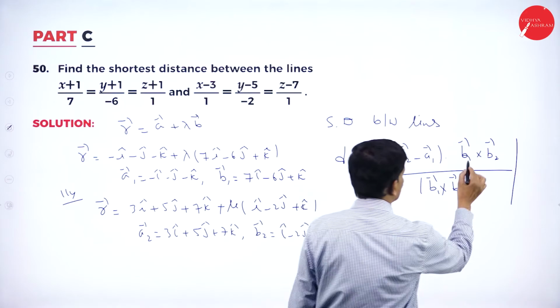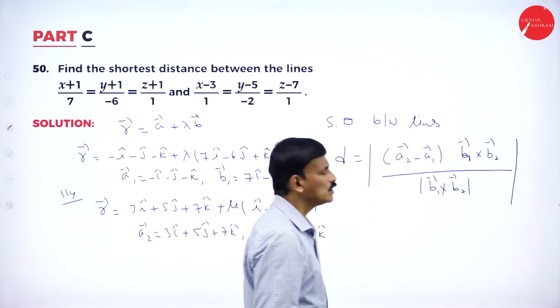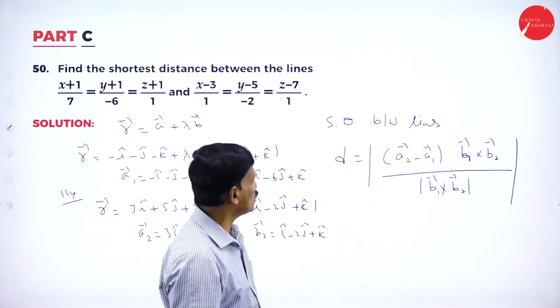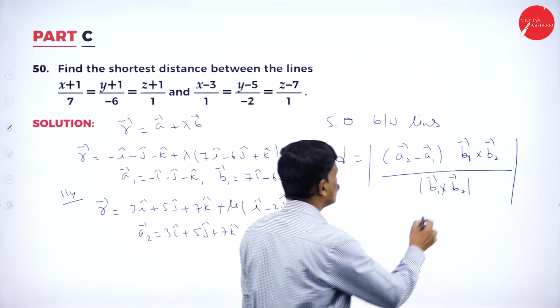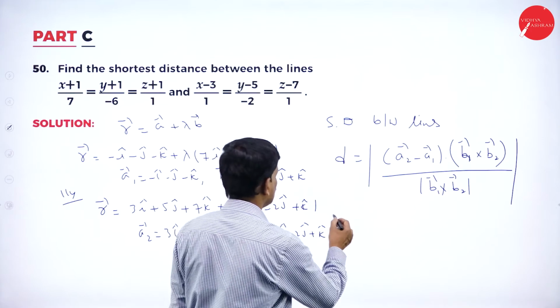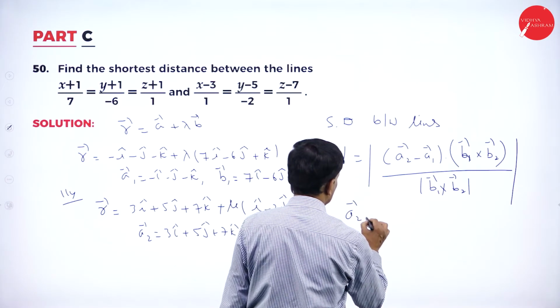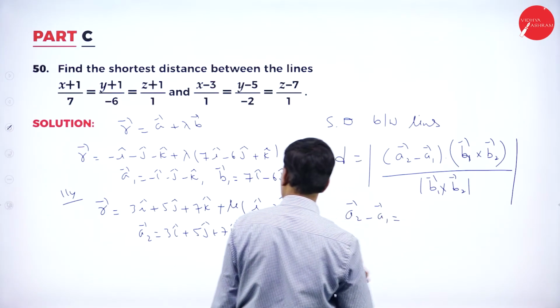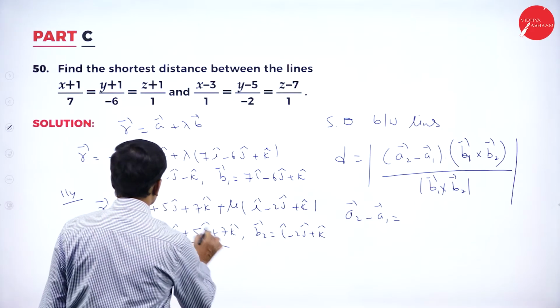That's it. This is b1, right? a2 minus a1 dot b1 cross b2 divided by length of b1 cross b2. That's it. Now let us find out what is a2 minus a1. Now vector a2 minus a1 can be written as a2 minus a1.